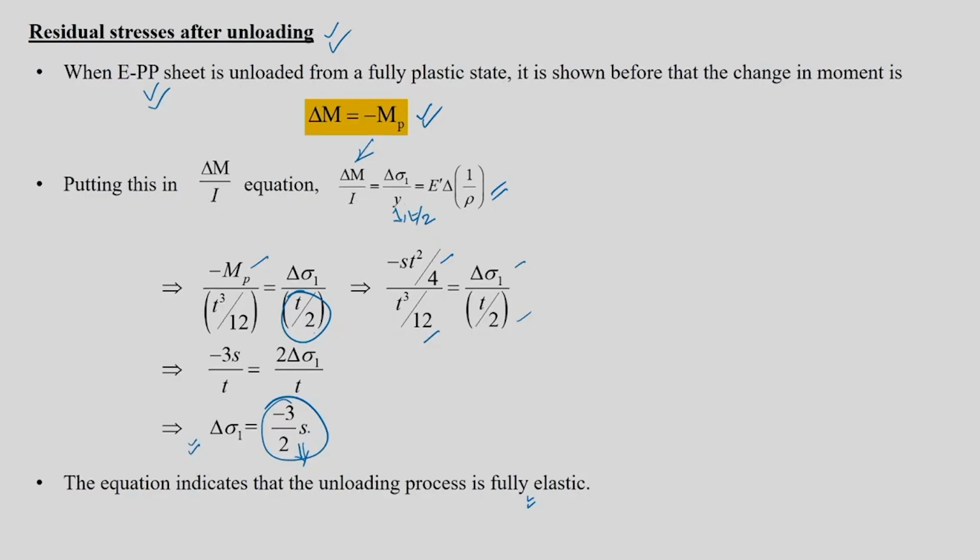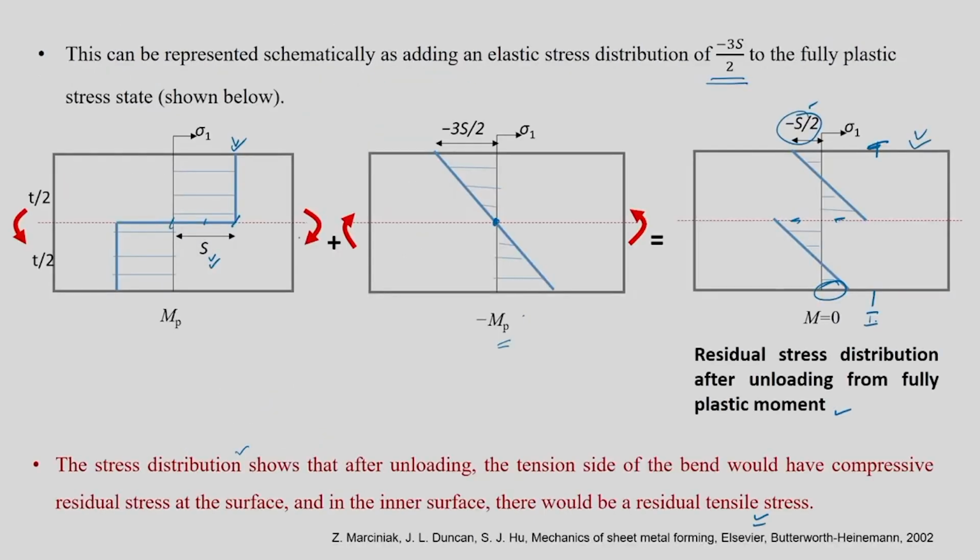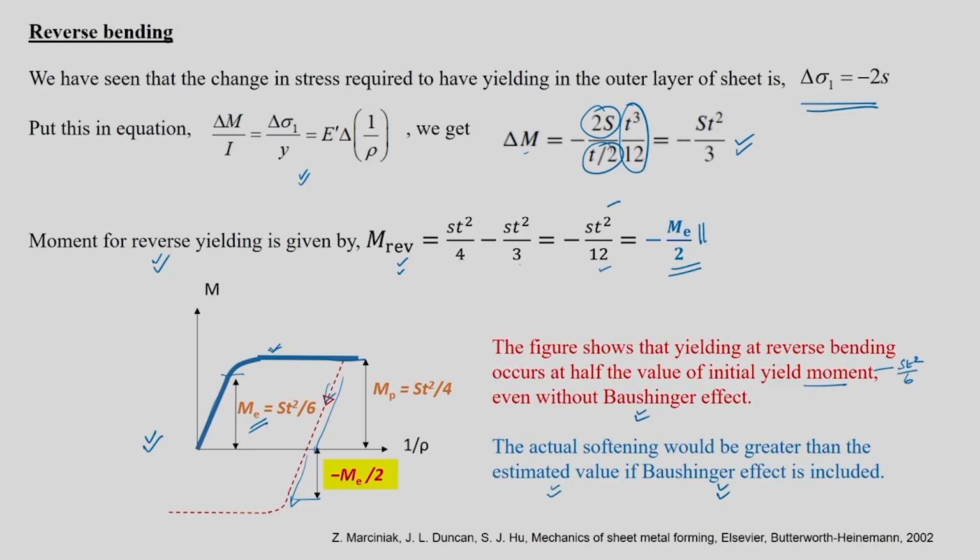This part will be added to your fully plastic state, that is your S, the plane strain flow stress. If you add it, finally you get a residual stress distribution like this, and then we also calculated the M required for reverse bending, which will be just half of the M_E that is required in the first bending. That is what we derived here, even if we do not consider Bauschinger effect.